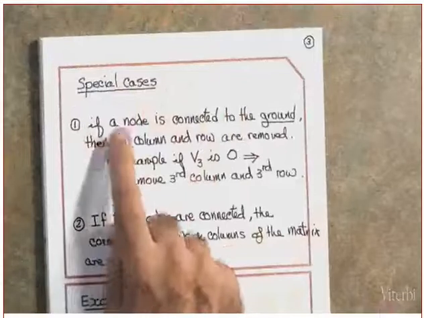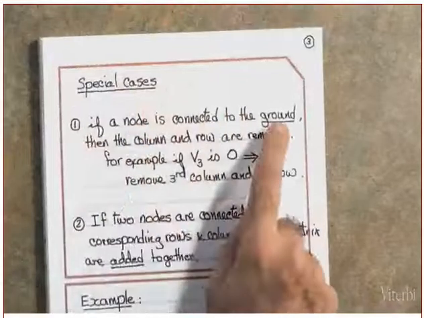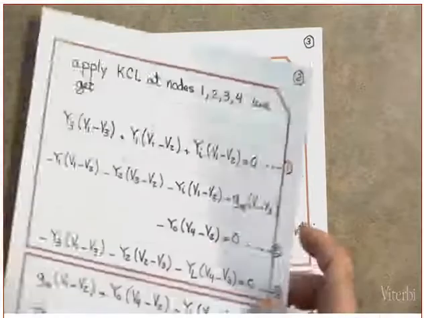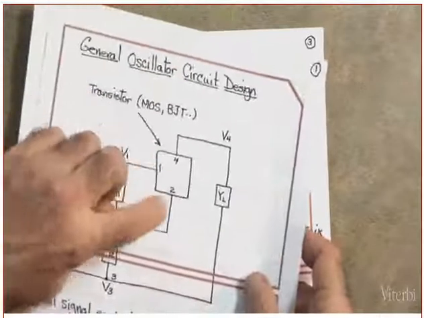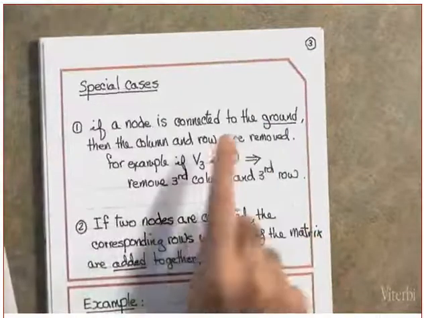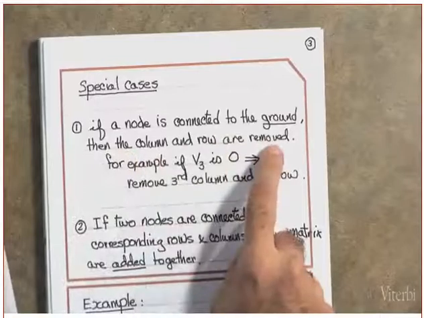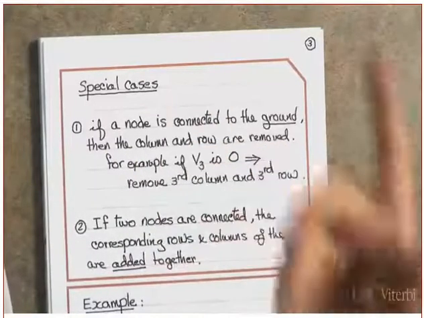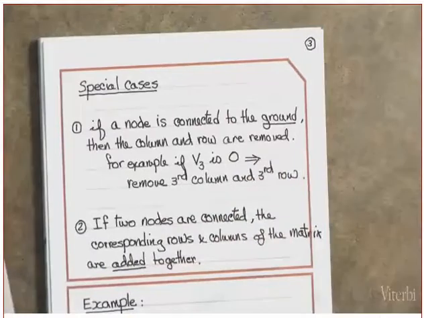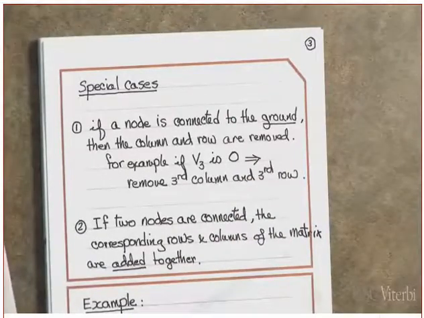And then I make some assumptions, special cases. If a node is connected to the ground, if one of these nodes 1, 2, 4, or 3 is connected to the ground, then the column and the row are removed. Why? Because its value is equal to 0. It's not going to contribute anything. Did you get this or not?